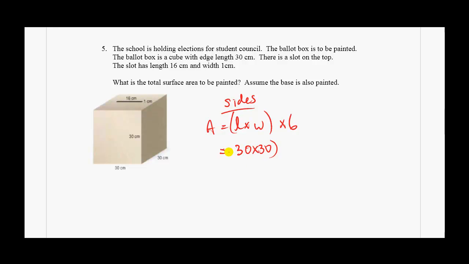So, each face is 30 by 30. And there are 6 of those. 30 by 30 is 900. When we multiply 900 by 6, we find that the total surface area is 5,400 square centimeters.